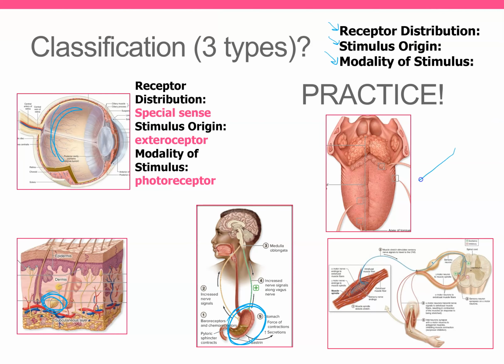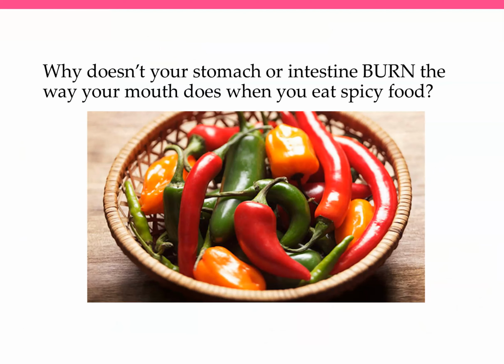And your tongue. How do you think your tongue's receptors work? And then here's that muscle spindle that you learned in the spinal cord chapter of BIO211. So how do you think that works? So try those out. Try to come up with an answer for all three of those and let me know if you have questions. We can discuss this in class.